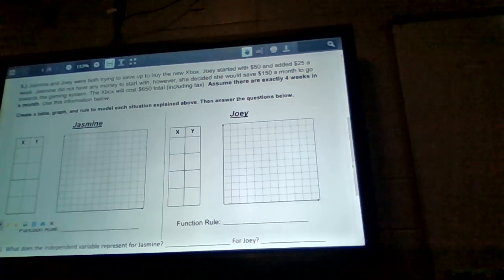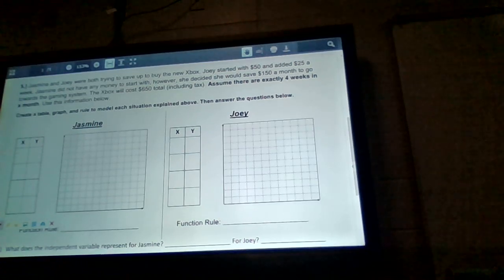So when they say they started with something, that's your y-intercept. If they start at 0, your y-intercept is 0. You have a proportion. But if they say you started with $50 and added $25 a week, Jasmine did not have any money to start with, so hers is 0, 0.